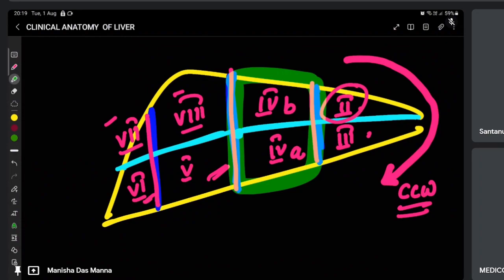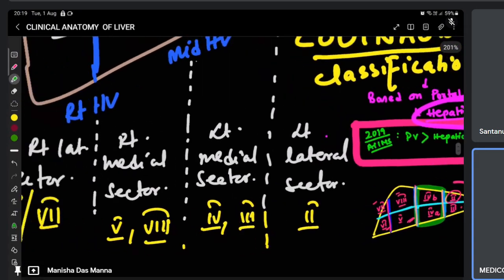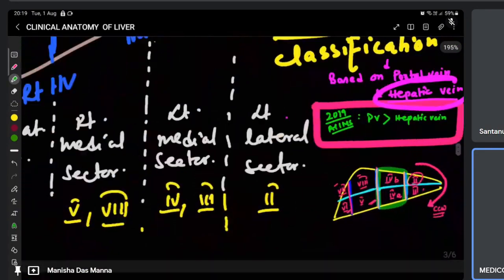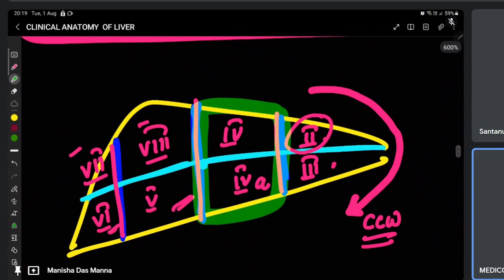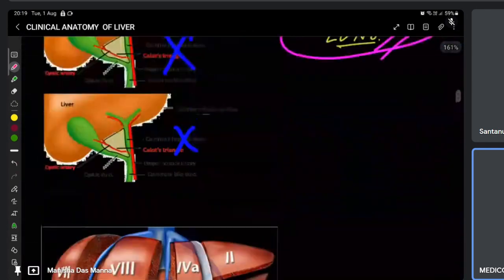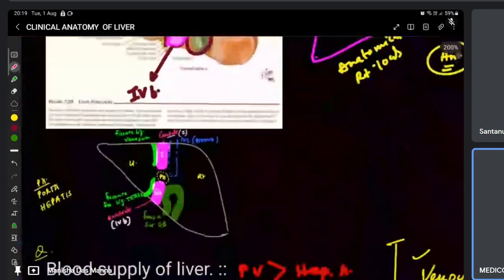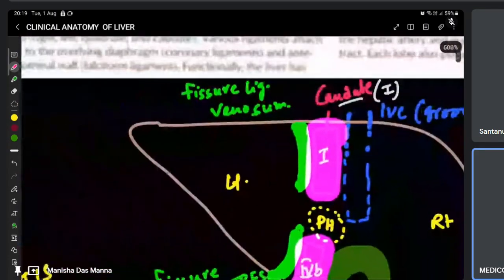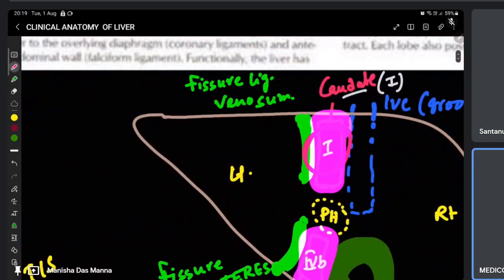Then where is lobe one? Sorry, one little mistake: this is A and this is B. Lobe one, as I already told previously, is not visible anteriorly. Lobe one is visible posteriorly.